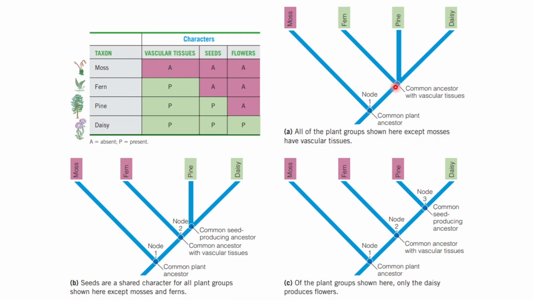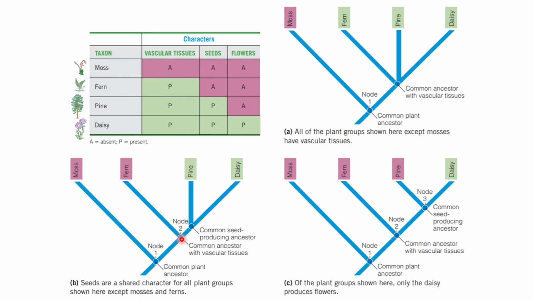Similarly, node 2 represents the subsequent divergence of the fern and the ancestor of plants with seeds. The branching process is continued with the data from the other table.